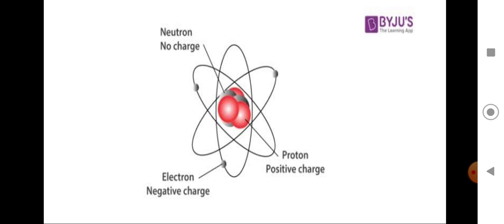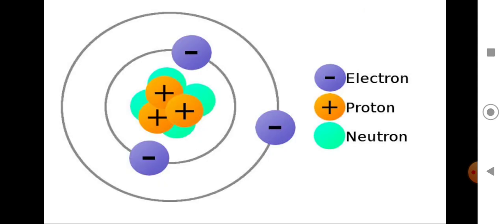Protons have a positive charge, electrons have a negative charge, and neutrons have no charge. Just now we learned about the electron, children. See here: electron, negative charge; proton, positive charge; neutron, no charge. Where are these subatomic particles? In atoms.